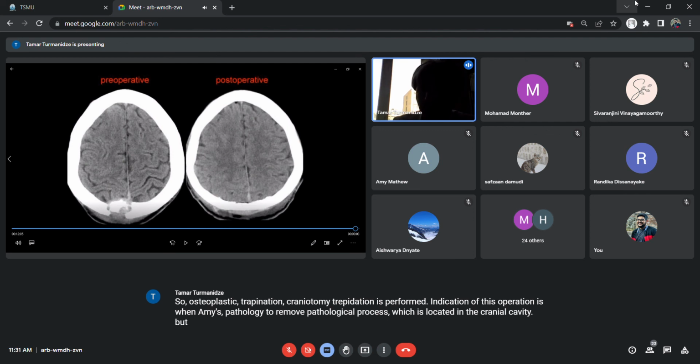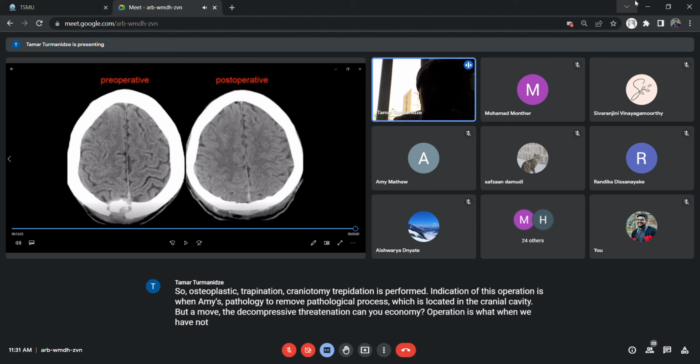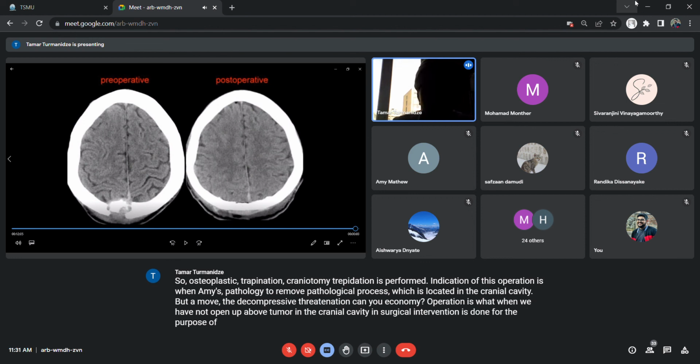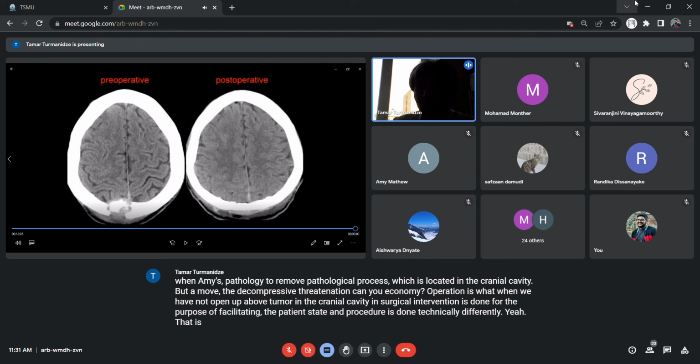But what is the aim of the decompressive trepanation, cranioectomy operation? When we have a non-operable tumor in the cranial cavity, and surgical intervention is done for the purpose of facilitating the patient's state. And the procedure is done technically differently. Yeah? That is craniotomy operation, the other one is cranioectomy.